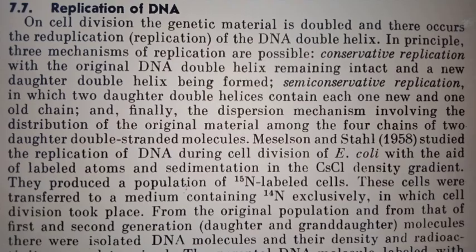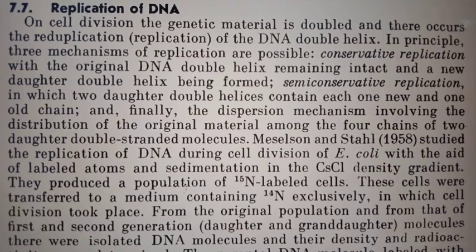Meselson and Stahl studied the replication of the DNA during cell division of E. coli with the aid of labeled atoms and sedimentation in a density gradient. They produced a population of nitrogen-15 labeled cells.